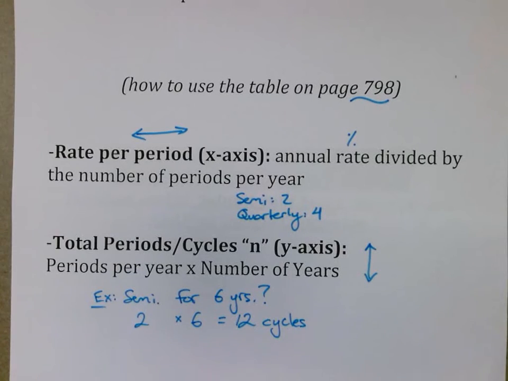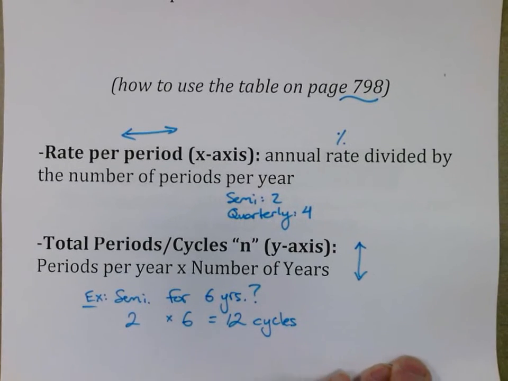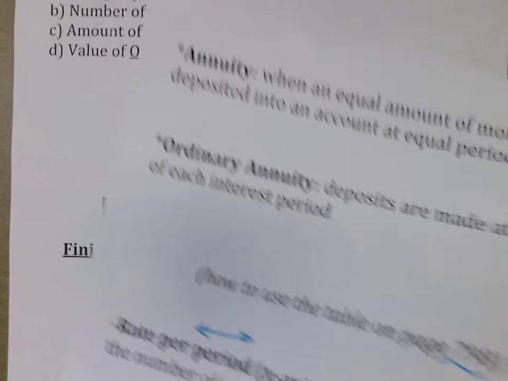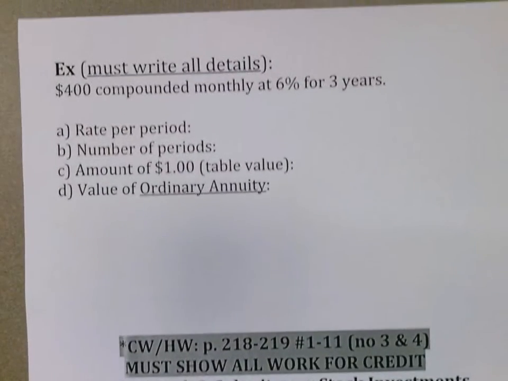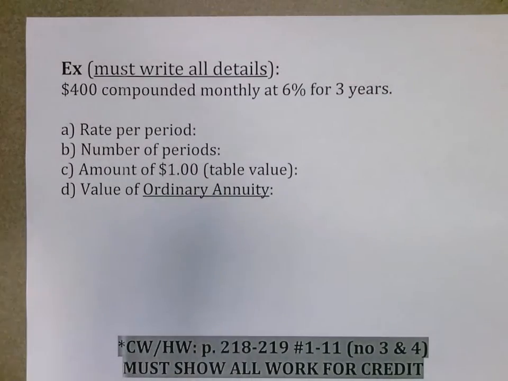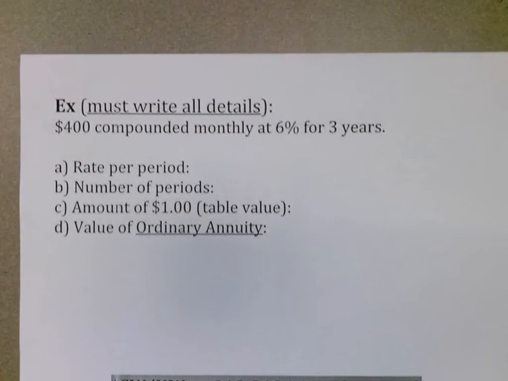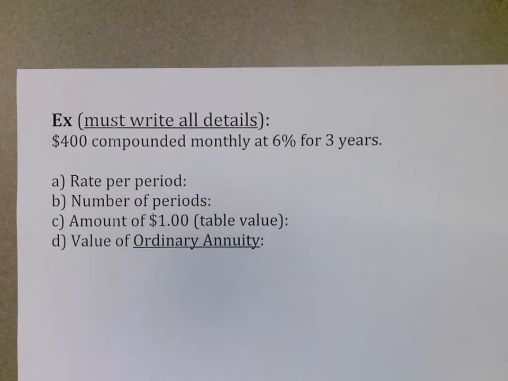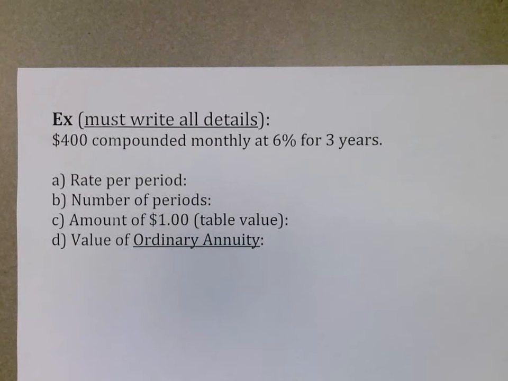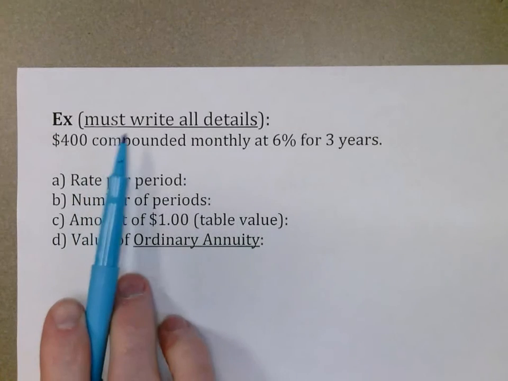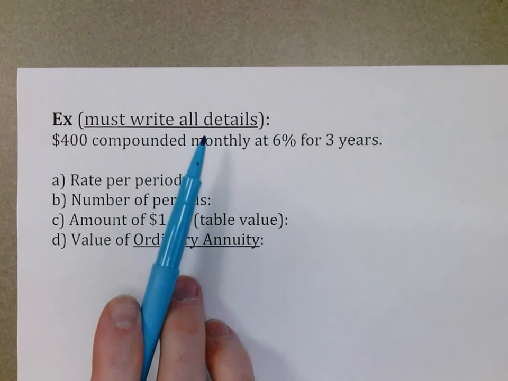Moving right along. We're just going to go ahead and do one example very carefully, and then after that you'll have the remainder of the period to go ahead and get going on today's assignment. Here's our example. Please make sure that you write all details for this one.